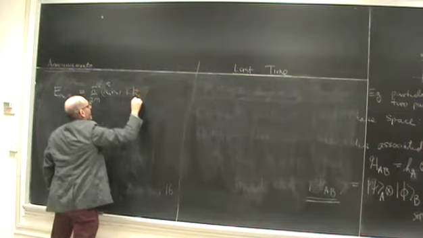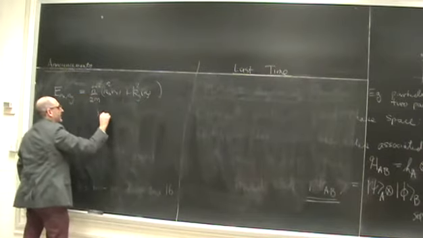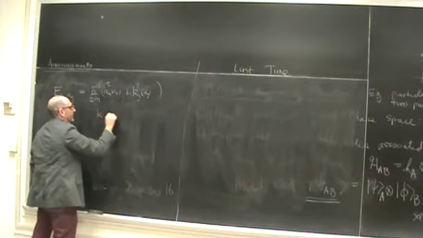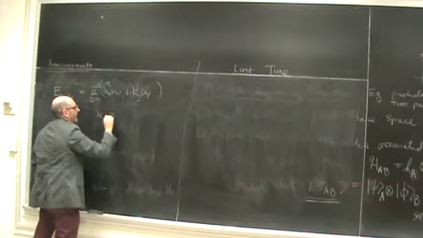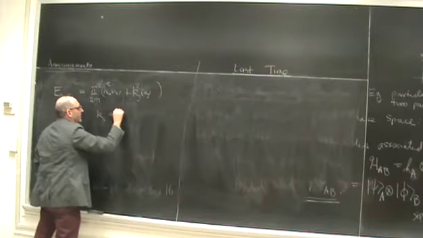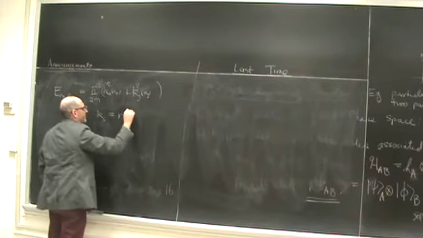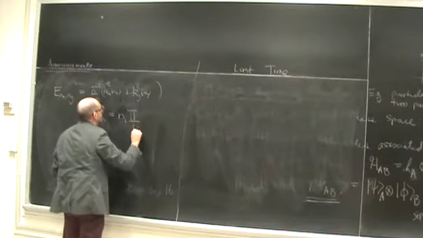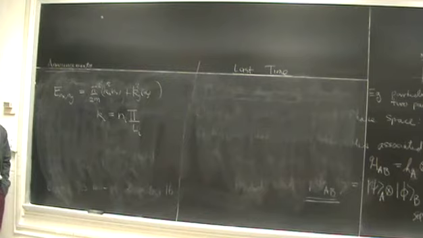plus k_y of n_y squared, where k, to meet the boundary conditions, for the i coordinate is equal to n_i pi over L_i. Okay, that's how it meets the boundary conditions, as we know.